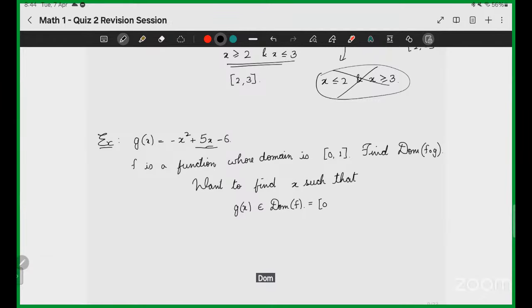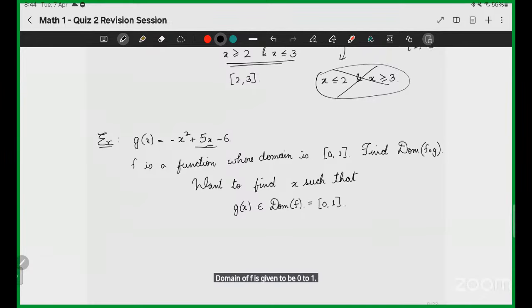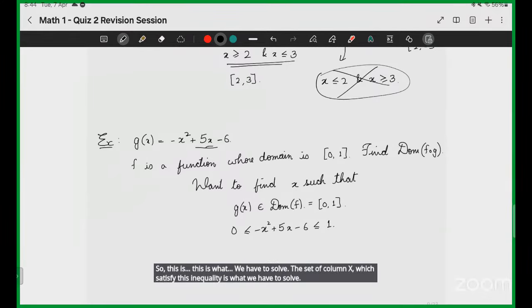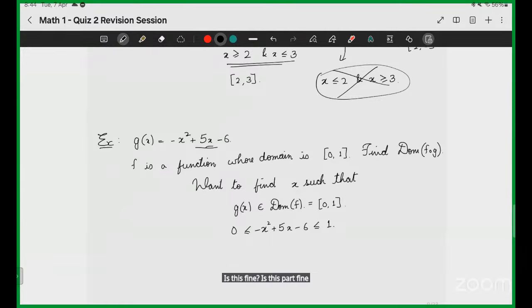Domain of f is given to be 0 to 1, so I want g of x to be in 0 to 1. And I have the explicit expression for that. So this is what we have to solve. The set of all x which satisfy this inequality is what we have to solve. Is this part fine?